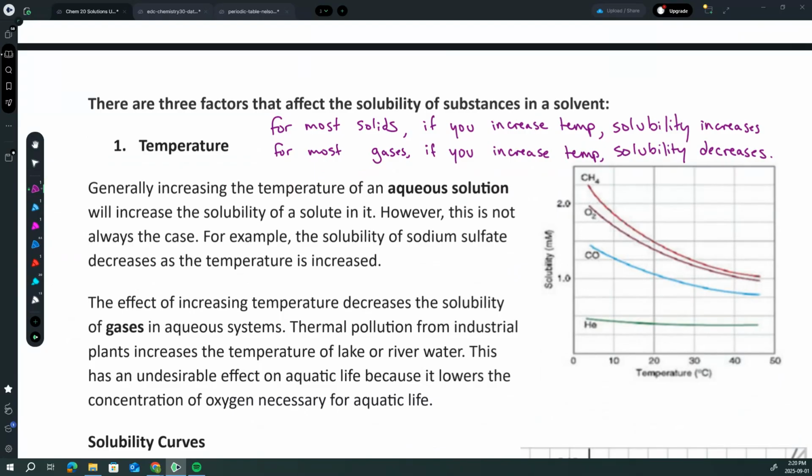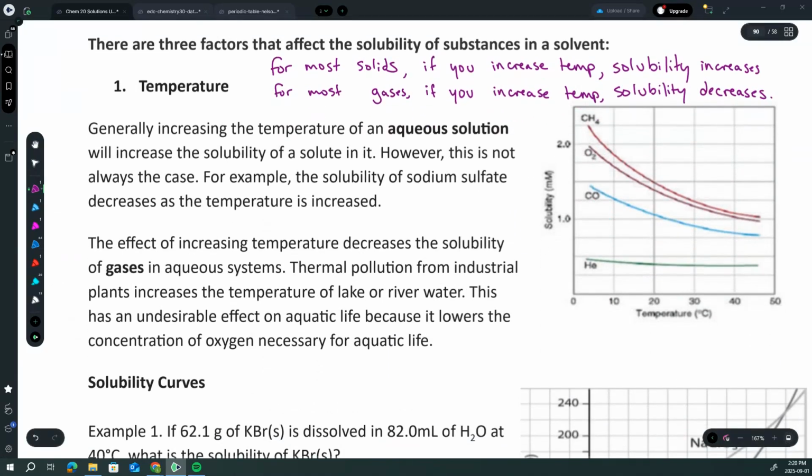Now, with gases, when you increase the temperature, the solubility of the gas decreases. That is a problem for thermal pollution. Thermal pollution is when you have some sort of industrial plant, like a coal-fired plant or a nuclear plant, that is situated on a lake, and it takes in the water from the lake to cool the systems down, but then it returns warmer water to the lake.